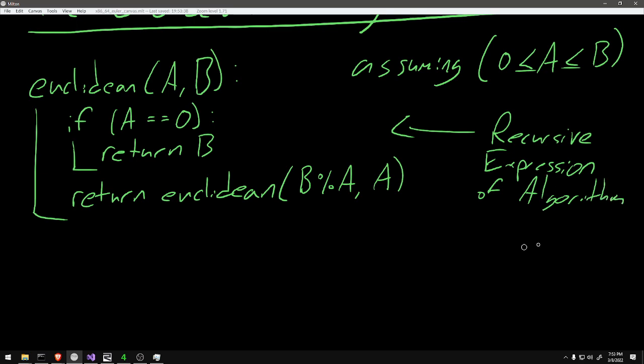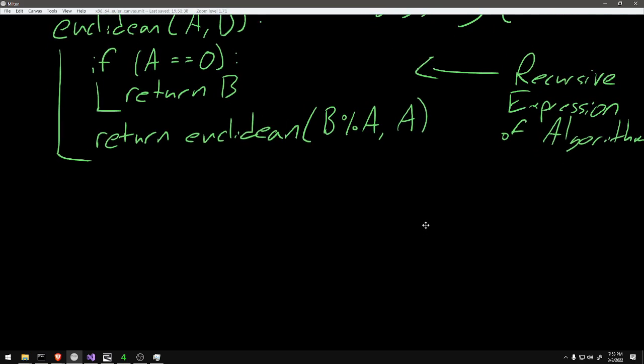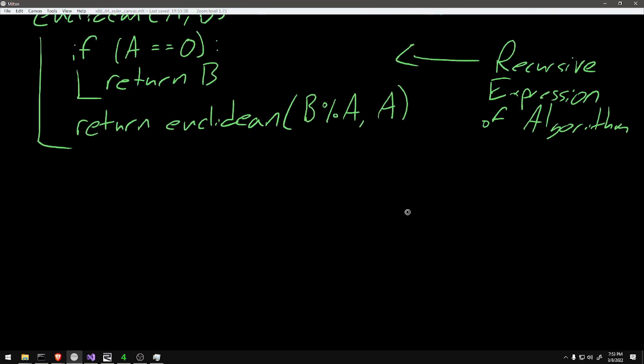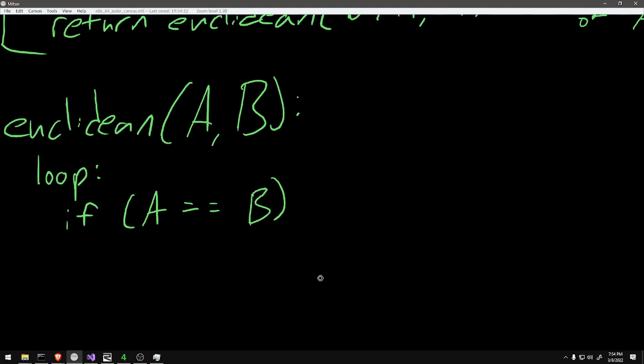So I want to give a procedural expression of it, just because that's going to match handwriting assembly a lot better. So the Euclidean algorithm on A and B is a loop where if A is equal to B, oops, don't zoom in.